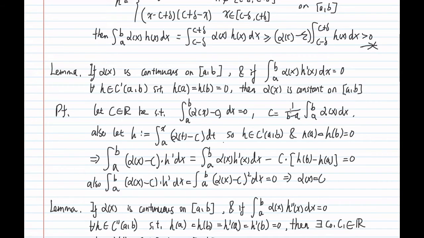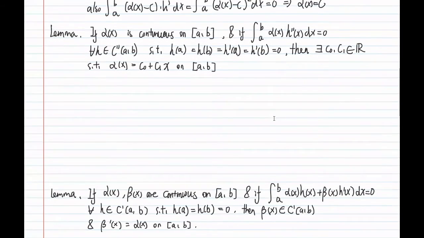All right, so now let's move on to the third lemma. It states that if alpha is continuous on ab, and if the integration of alpha with h double prime is 0 for any h of the class C2 with all the boundary values 0, then we would have some constants C0 and C1 such that alpha equals this linear function.